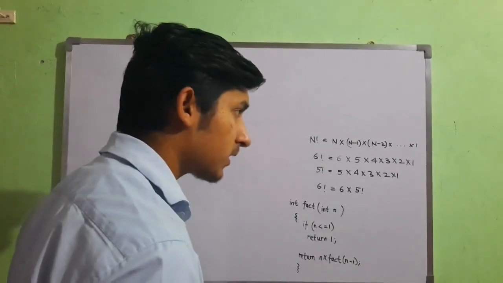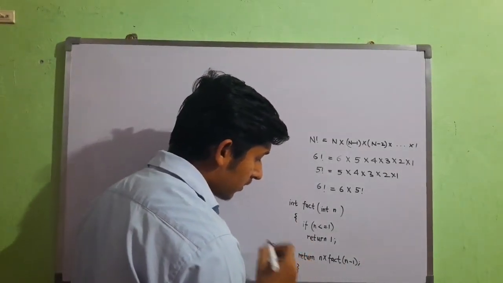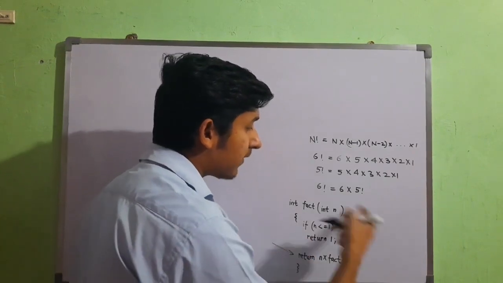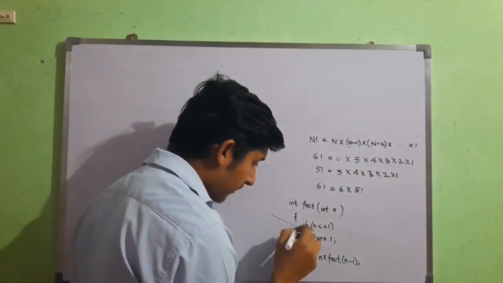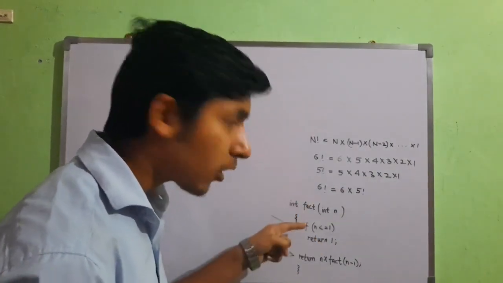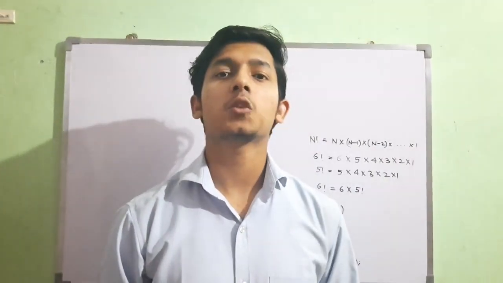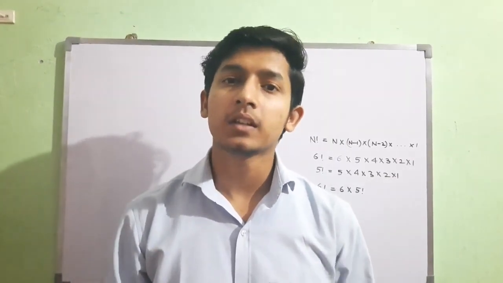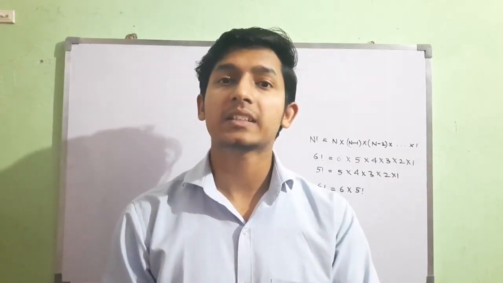A recursive function means there will be a statement calling that function again, and there will be a base case to limit the input of the function. So a recursive function has 2 things: first, the statement that calls the function itself, and second, the base case.